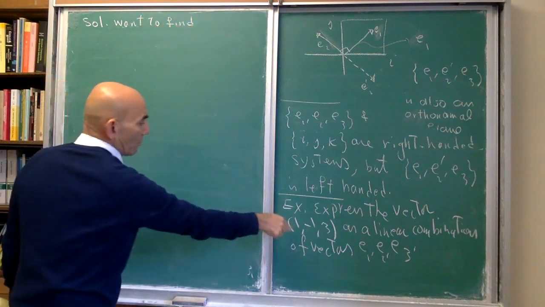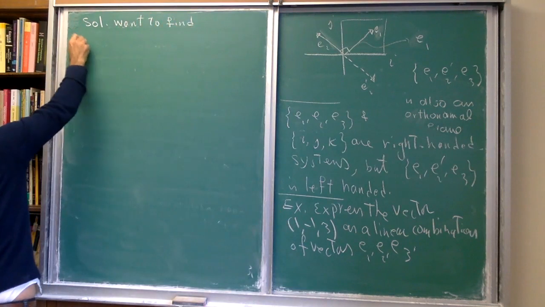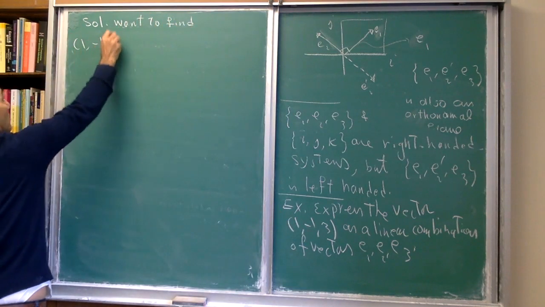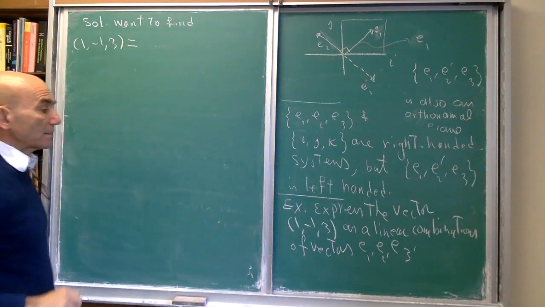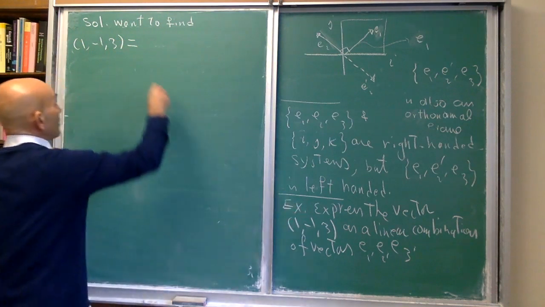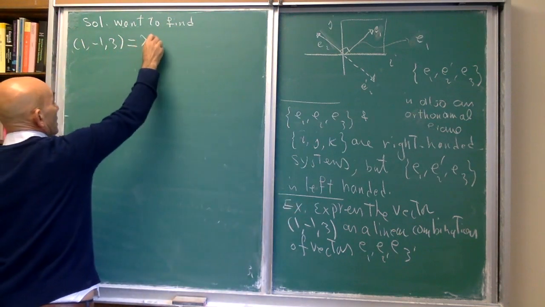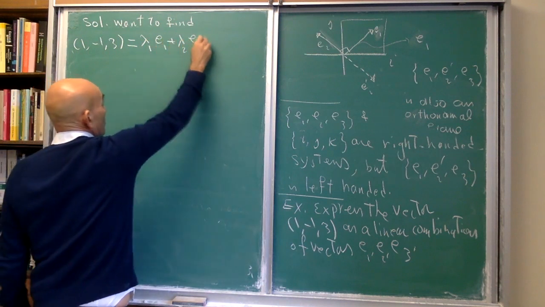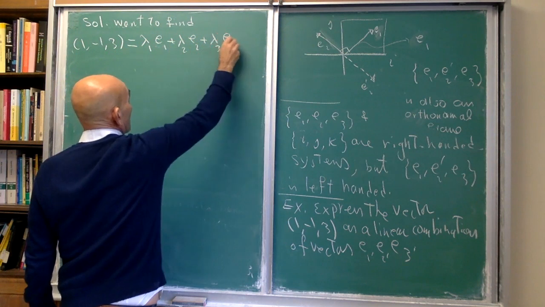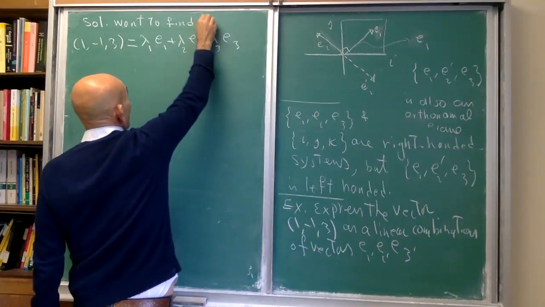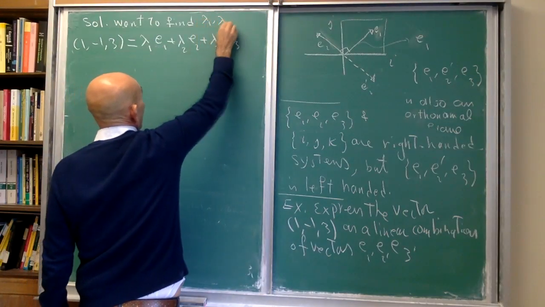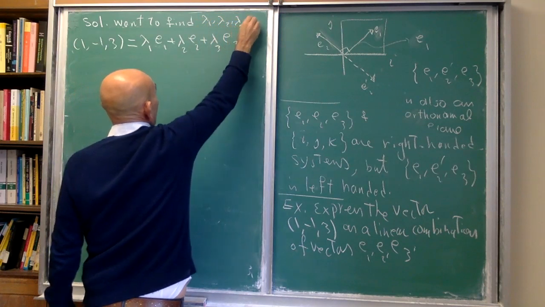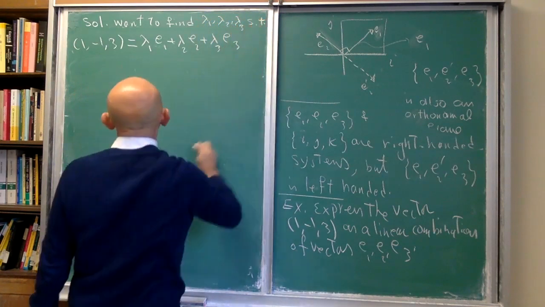We want to write 1, minus 1, 3 as a linear combination of these three vectors, say lambda 1 E1 plus lambda 2 E2 plus lambda 3 E3. So we want to find lambda 1, lambda 2, lambda 3 such that this holds.